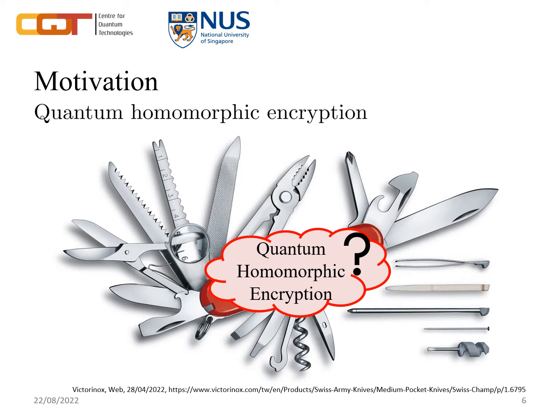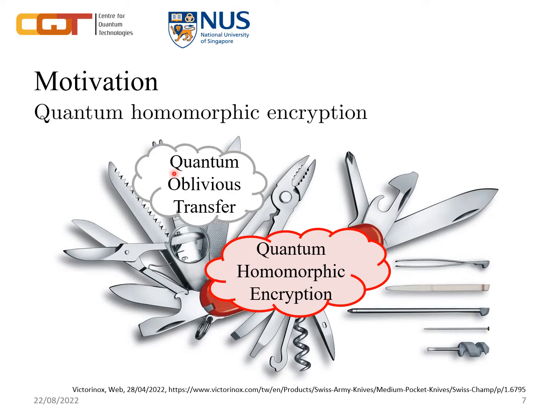It is natural to ask whether quantum homomorphic encryption is a Swiss Army knife protocol of quantum cryptography. This motivates us to reduce another quantum cryptographic primitive to quantum homomorphic encryption. Quantum oblivious transfer is an important cryptographic protocol which has been well studied.